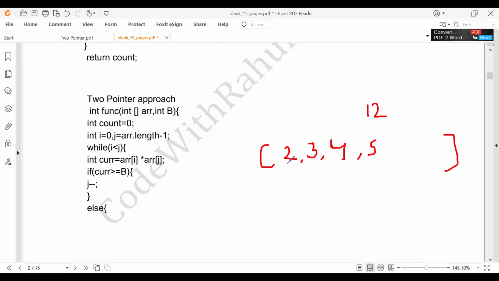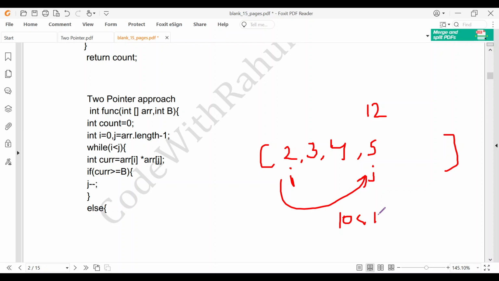Okay. Now suppose this is your i, and this is your j. If you multiply this and this, you will get 10, which is less than 12.